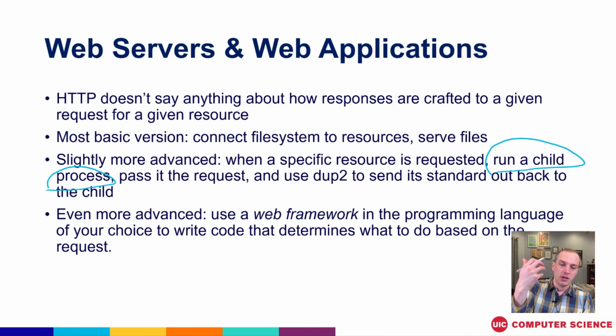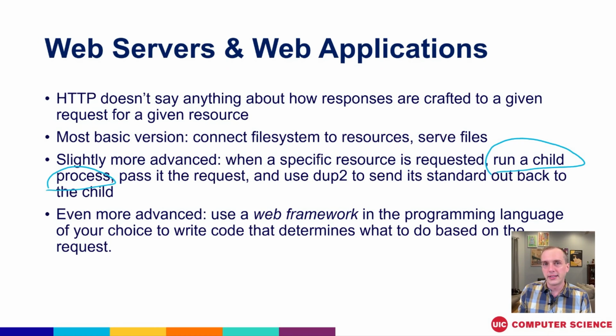So just like you could decide to pull in the bytes from a file and send them out to the client, you could also take whatever that input was, which could be the requested resource as well as the headers, and then fork a new process and send those requests as input, whether through an environment variable or through standard in, and then connect standard out of that child process to the socket you've created that's connected to the client, and just let that child process send the bytes back where it thinks it's sending them to standard out, but it's actually sending them through the network because you use dup2 to copy those file descriptors through.